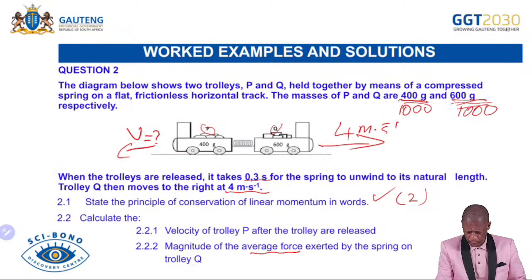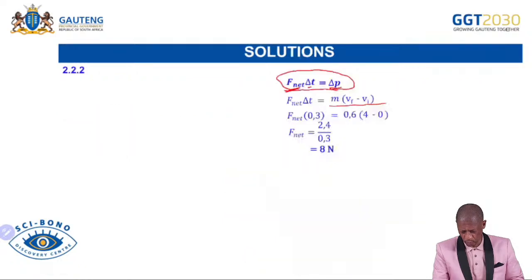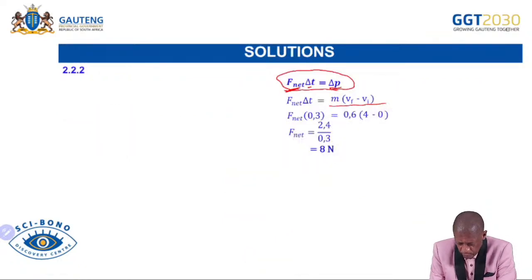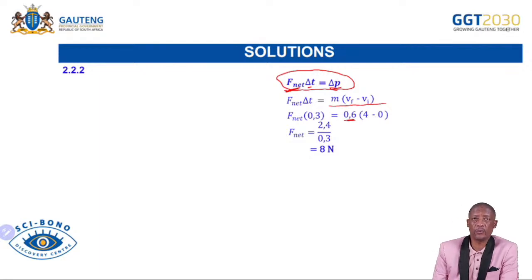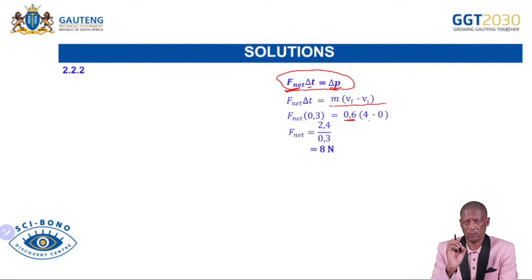They say Q, right? So we are going to deal with only Q. The mass of Q is 0.6. Now we know that Q traveled at 4. The velocity was 4, then the initial was 0.